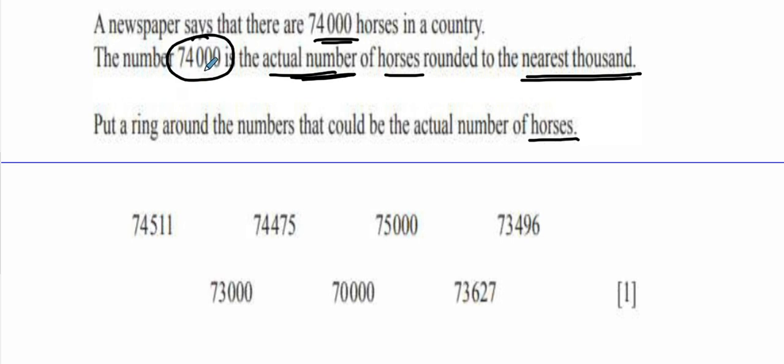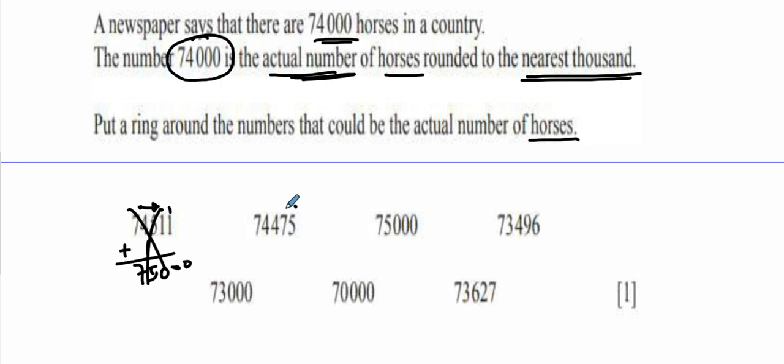If we get 74,000, put that number in a ring. Let us start with this number. Ones, tens, hundreds, thousands. Check to your right, there is a 5. When you add 1 here, you get 75. So you are not getting 74. So this is not it.